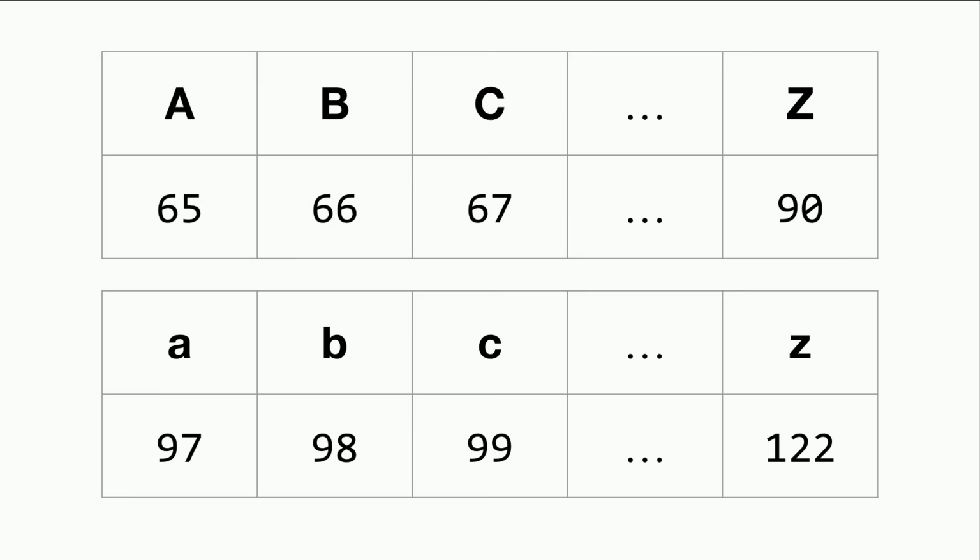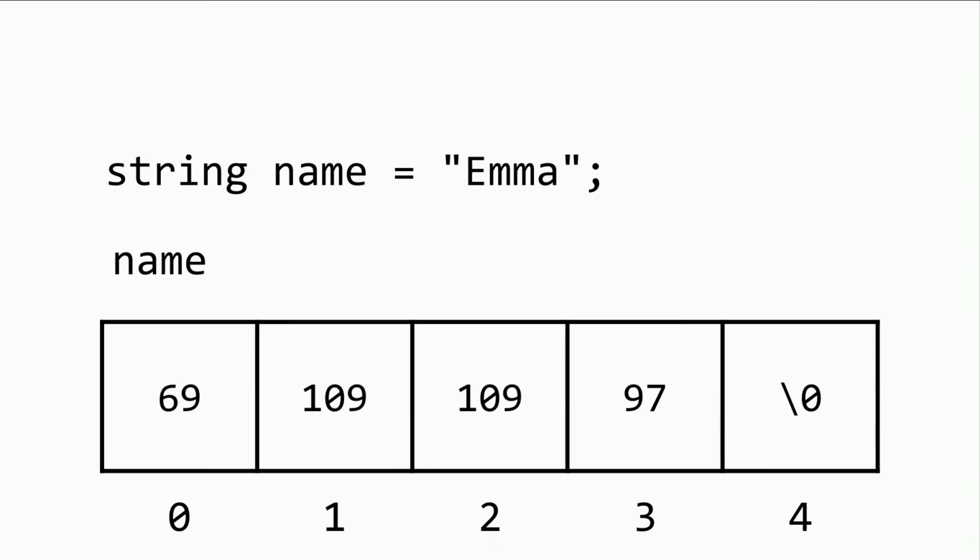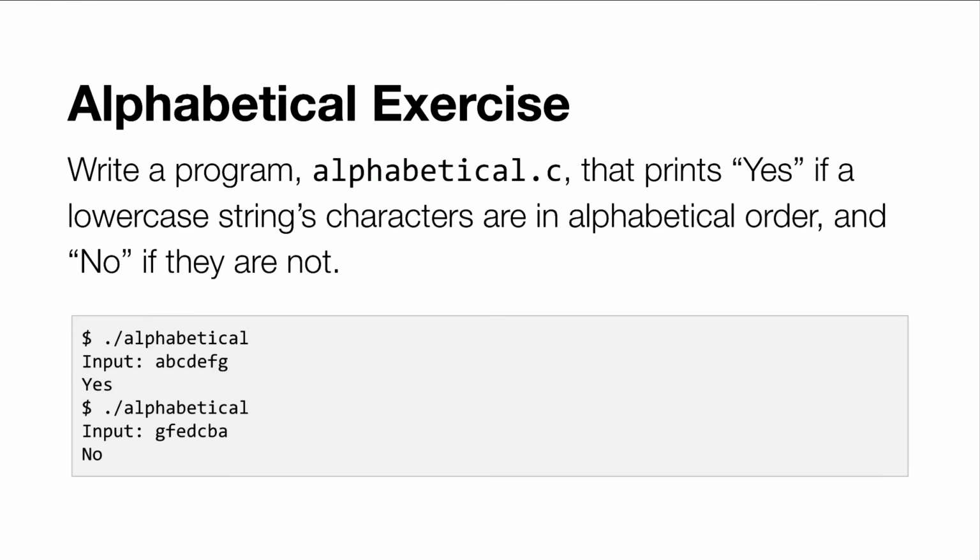One example of that: Emma, for example, this string here, actually can be written out as this array of integers. And so why is this helpful information to know? Let's try seeing that in this exercise.